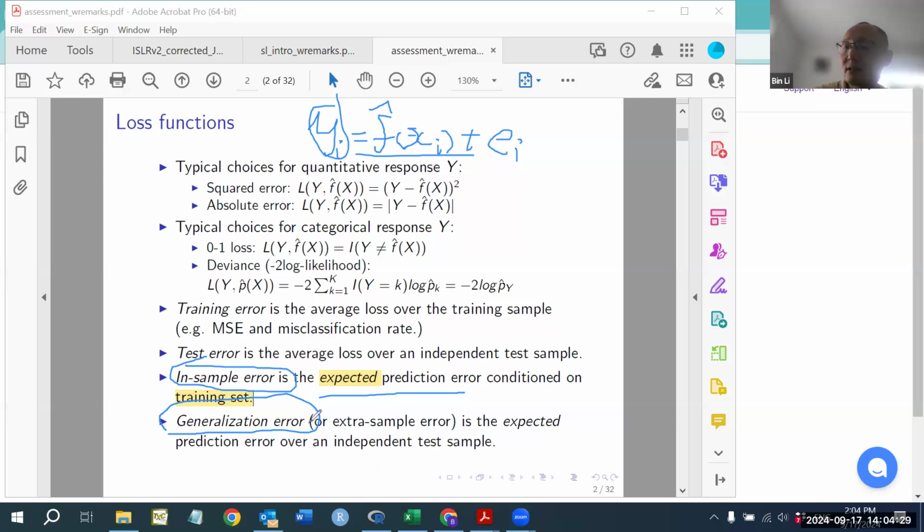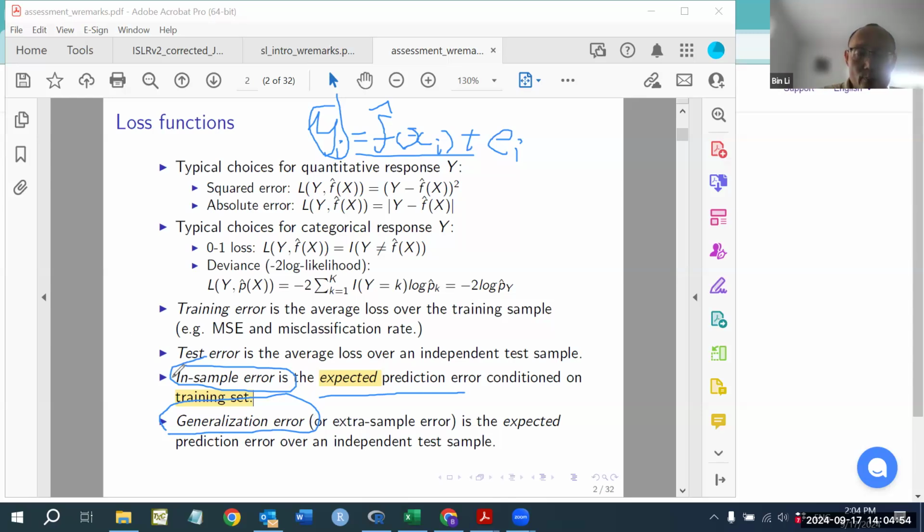This one doesn't condition on the same x as the training data. It can be any x as long as x is a possible value for the data set. That also has a name, extra-sample error. So that is the expected prediction error over an independent test set.